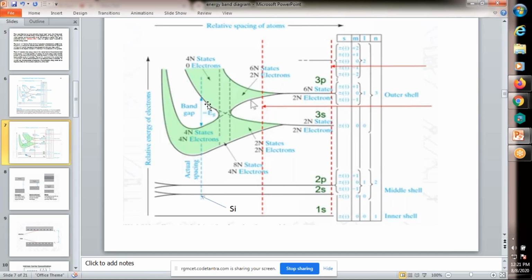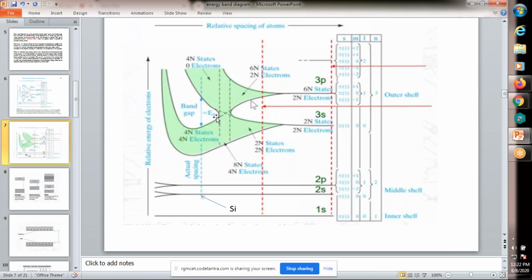So maybe the vertical line comes to the right side of this one. This line is for silicon; for germanium it is on the right side. Why? Because the band gap is less. Maybe the germanium position is like this, because the germanium band gap is only 0.68 electron volt.